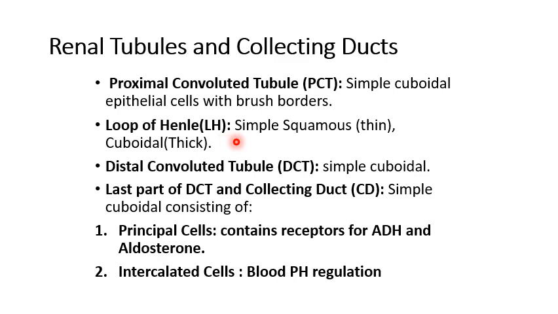The loop of Henle has either simple squamous in the thin part and cuboidal in the thick part. The distal convoluted tubule has simple cuboidal, and the last part of the distal convoluted tubule, as well as the collecting duct, has simple cuboidal, which has two types, principal cells and intercalated cells. Each of these has a specific or specialized function.